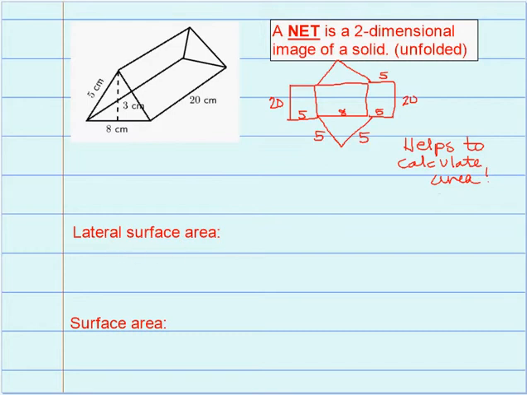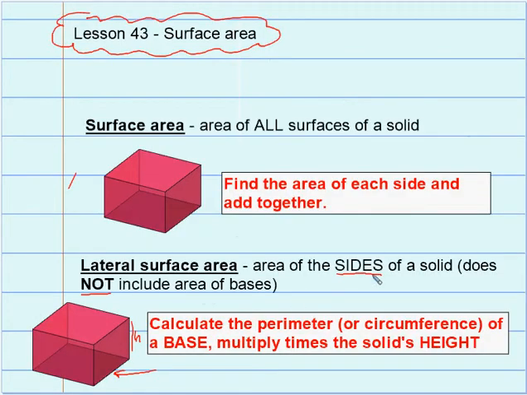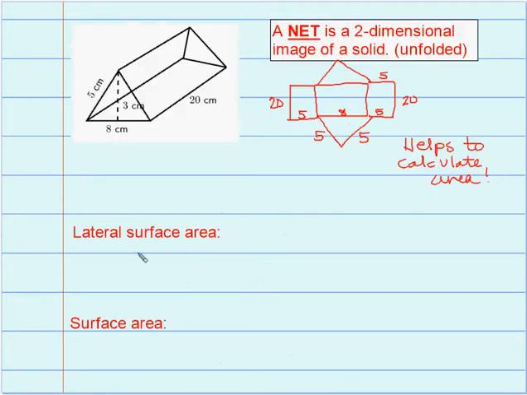The lateral surface area would be the area of the sides, right? It does not include the area of the bases. And if we go back to your notes, it says calculate the perimeter of a base and multiply it times the solid's height. So what are the bases in a triangular prism?